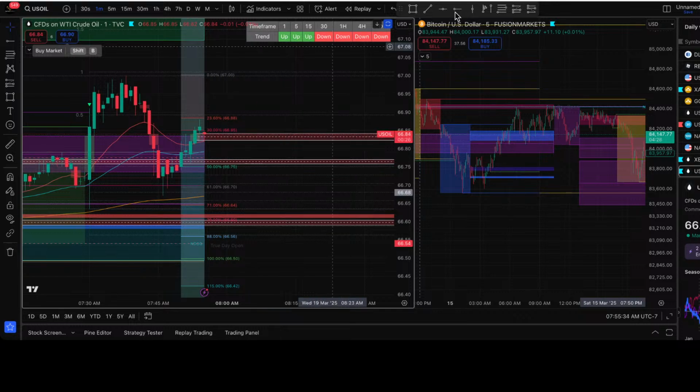Now I want to see the market close above here, candle body.